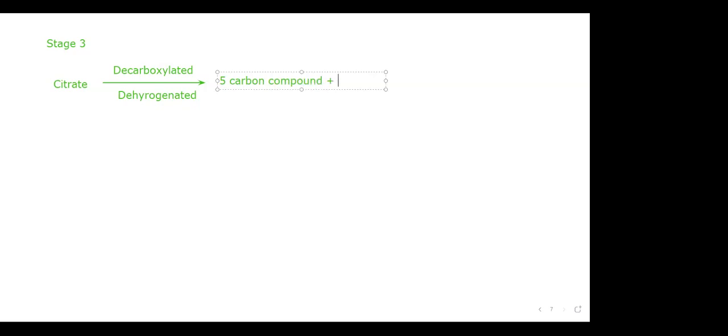Now if it has been decarboxylated, definitely they have to produce what? A carbon dioxide molecule, right? Then if it has become dehydrogenated, there should be a reducing agent. Here the reducing agent is NAD. So NADH will be produced in stage 3. So dehydrogenated, who's doing it?